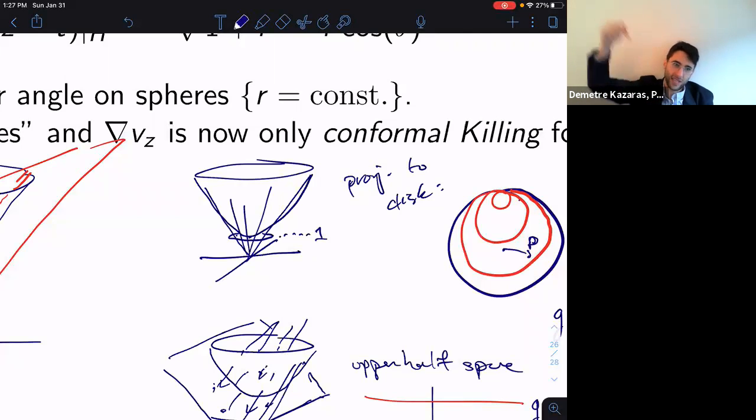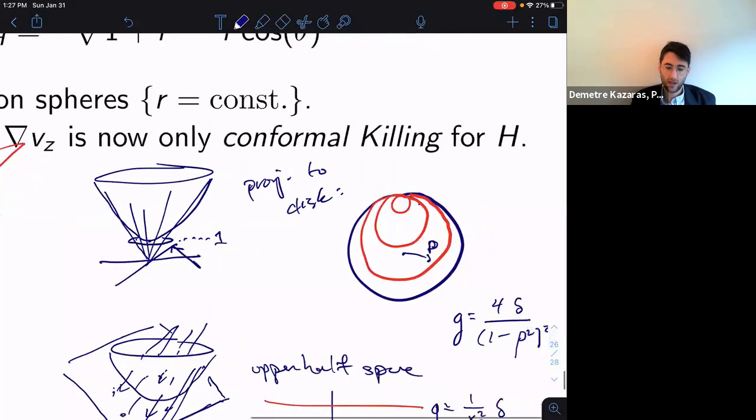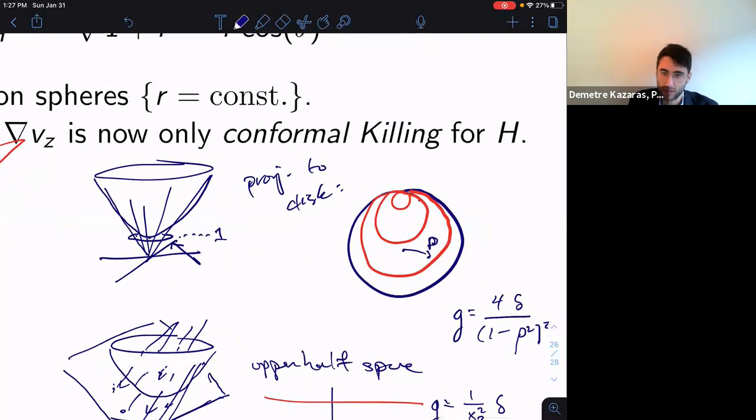These lines intersect this disk here of radius 1, centered at height t equals 1. So this defines a projection from the hyperboloid to the unit disk. This is the Poincare disk model, where the metric can be written like this: basically, a flat metric divided by the square of 1 minus the distance from the origin in this unit disk squared.